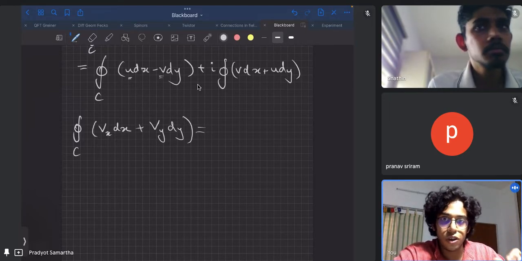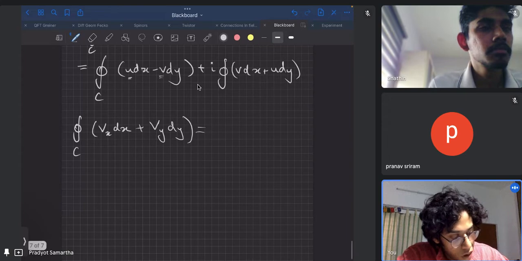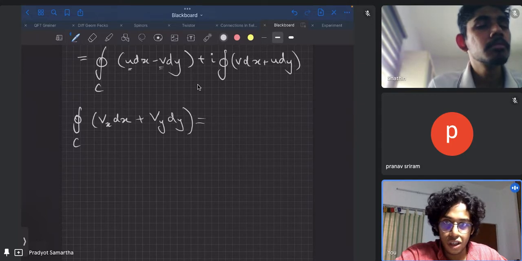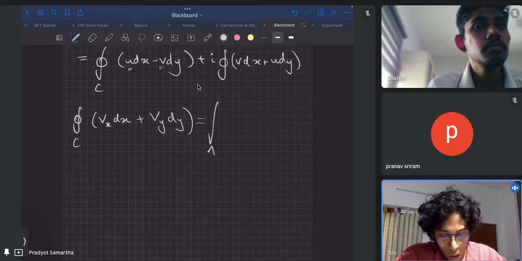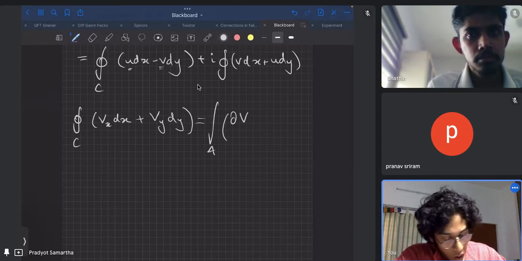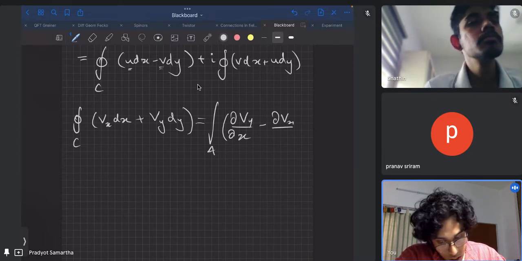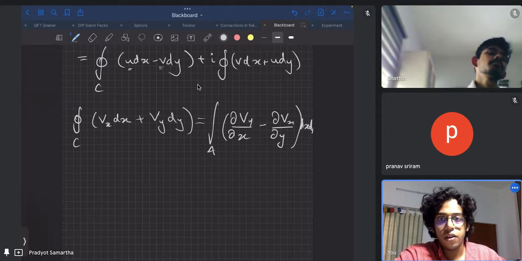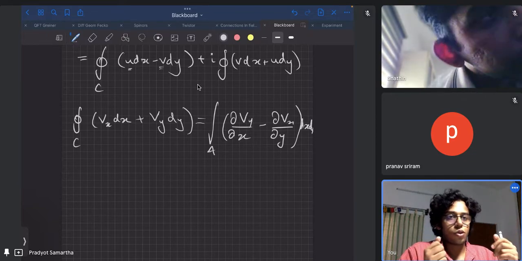We are not using the particular functions as of yet. We are just looking at the Stokes theorem. With vx integrated with respect to dx, and vy integrated with respect to dy, this is nothing but the area integral of (∂vy/∂x minus ∂vx/∂y) dx dy. So the line integral becomes the area integral, which is just Stokes theorem.